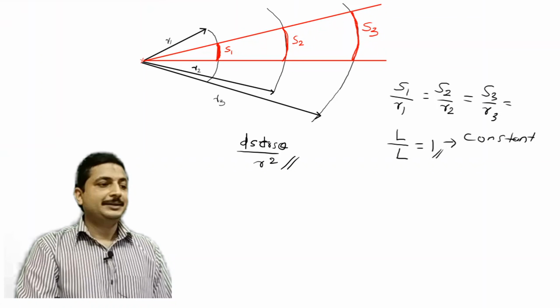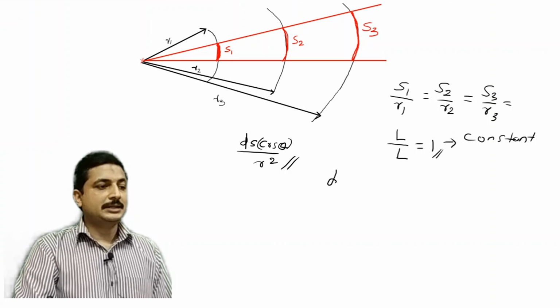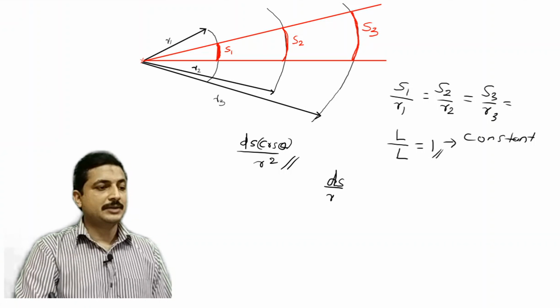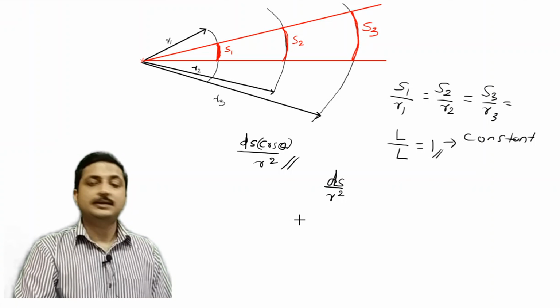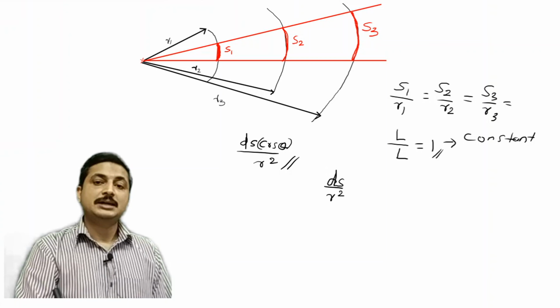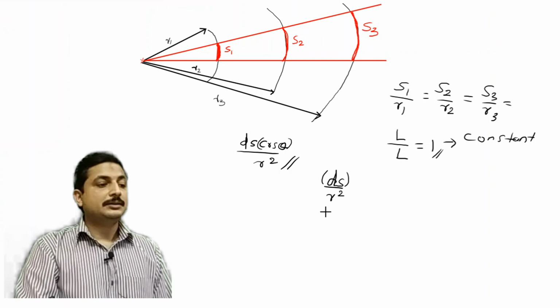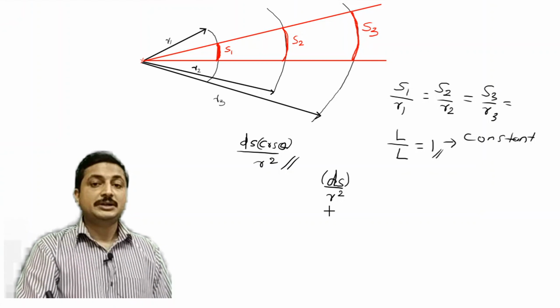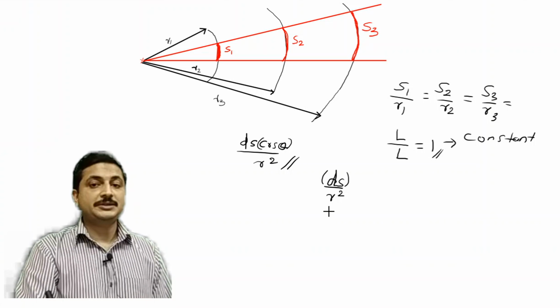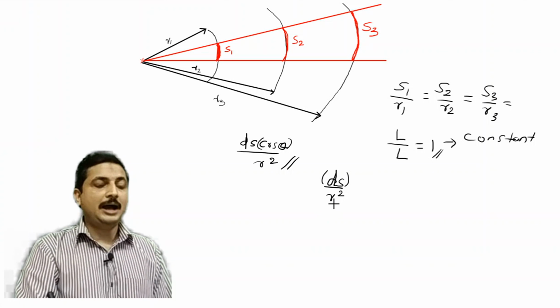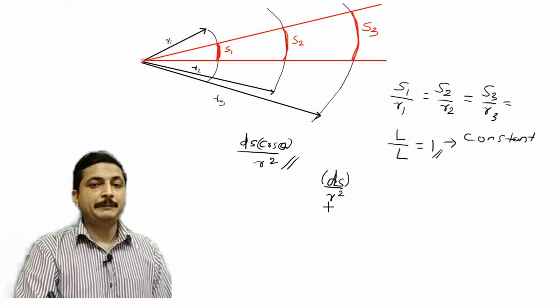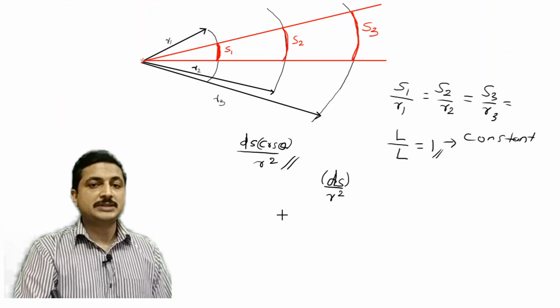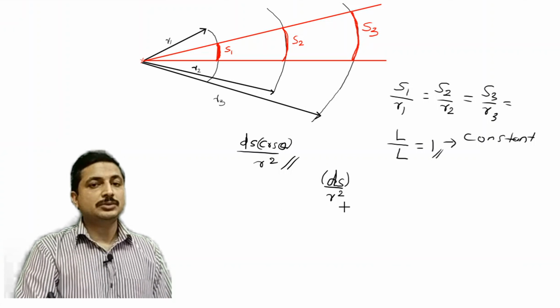For a moment, let us forget about this cos theta and let us consider ds by r square. What is this ds? ds is the small, or infinitely small, surface area of the arbitrary surface which we have considered, and r is the length from the charge q inside this surface to the surface, right?